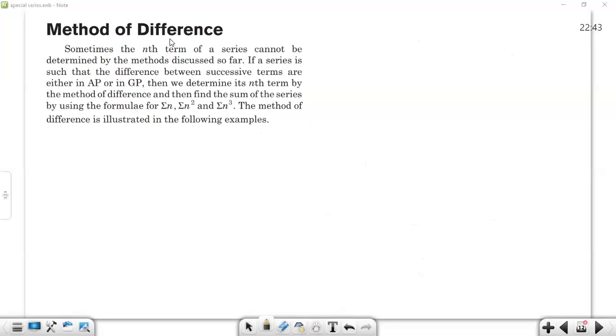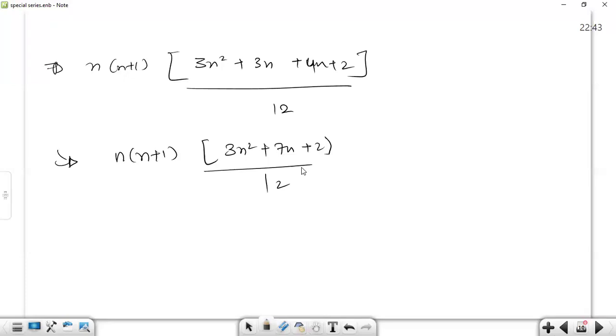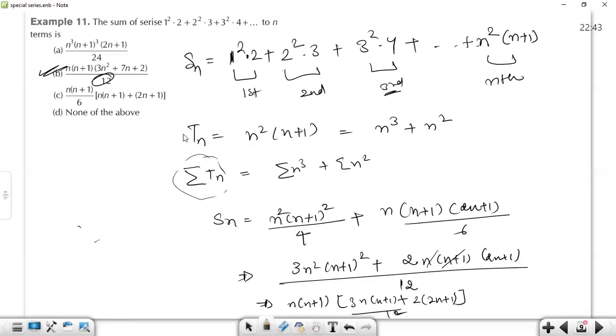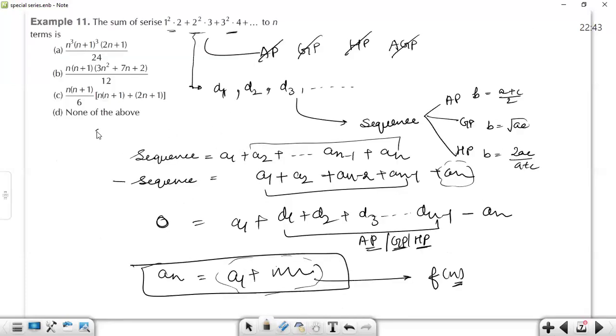We have already discussed the same. It is the same that we have discussed here. It's important, please have a note of this page. This is where we are finding the method of difference.